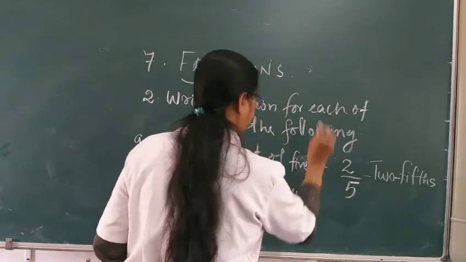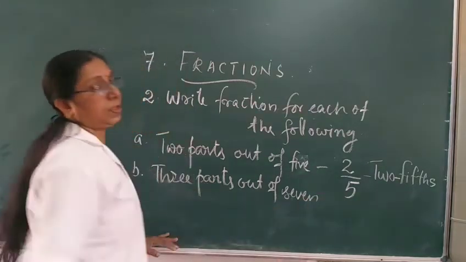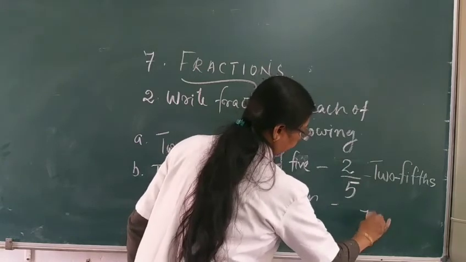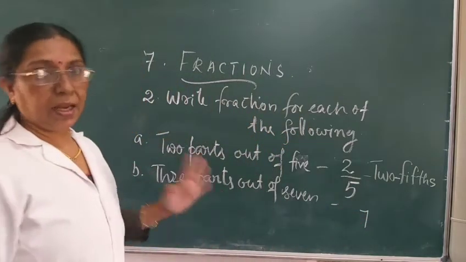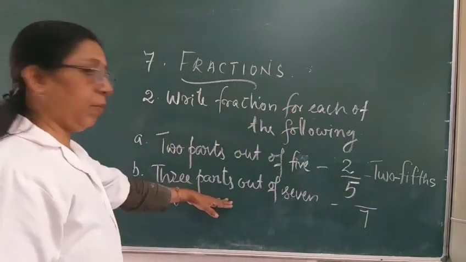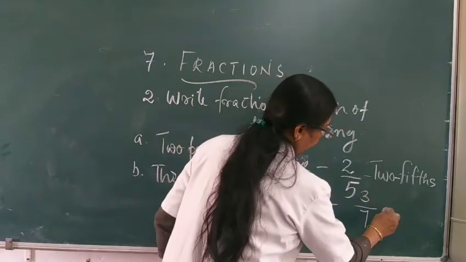Both are correct anyway. Okay, 3 parts out of 7 means what is the total number of parts? It is 7. This 7 represents the denominator. Out of 7, how many we selected? 3 parts. That is the numerator.